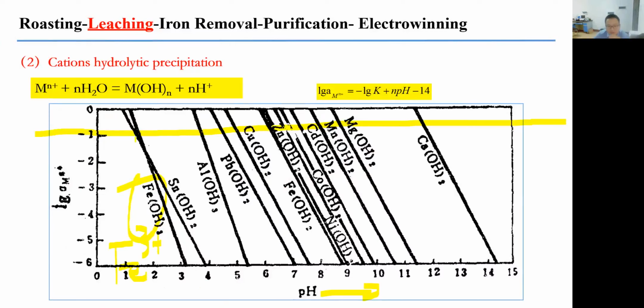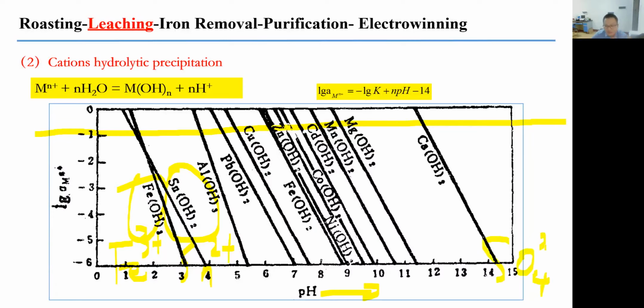And if we increase higher, the tin is going to precipitate. But the others like aluminum, lead, copper, and those cations will still be present as soluble ones.